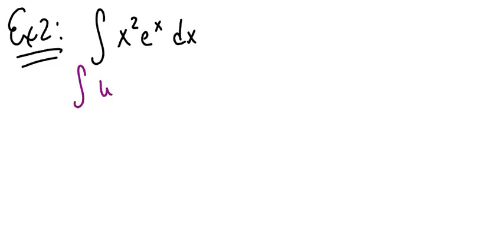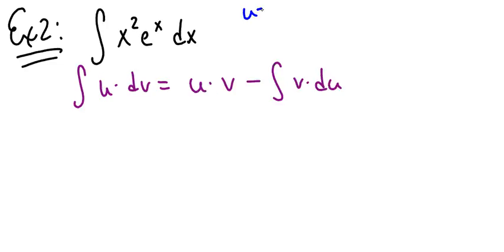Well, what about that? Oh, let's make it harder. Now, you say to yourself, I think I can do this. The integral of u dv is u times v minus the integral of v du. So we'll let u be x squared. I don't want to be x squared.